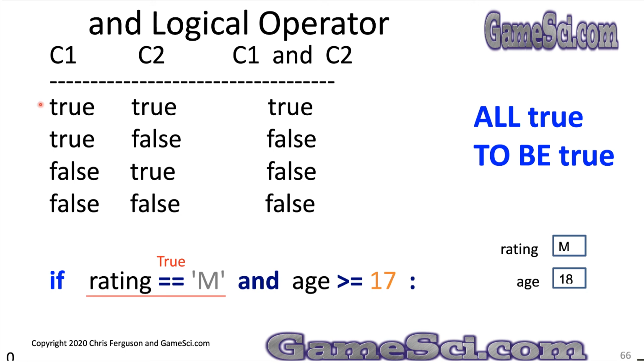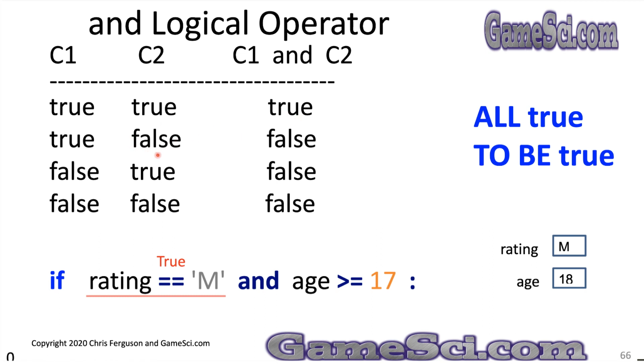We'll start with a truth table for the AND logical operator. C1 is short for condition 1. C2 is short for condition 2. When C1, a true-false statement, and C2, a true-false statement, how does the logical operator evaluate? Well, if both inputs on both sides of the AND are true, then the AND logical operator will return true.